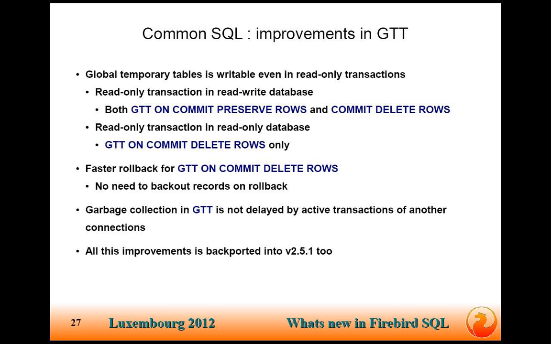Also, we revisited the code for rollbacks and found that a global temporary table which is transaction scope, on commit delete rows, will delete rows anyway, so we don't need to undo changes in these tables if the transaction is rolled back.